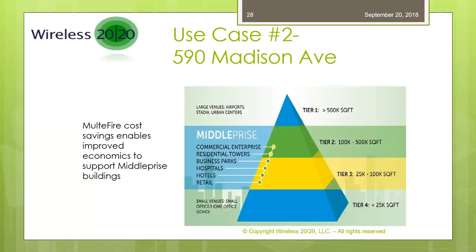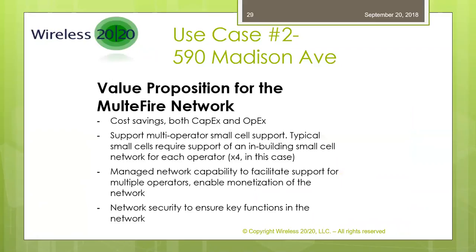The key is that when we look at tier 2 and tier 3 buildings, kind of smaller and medium-sized buildings, it's difficult for the economics of deploying a typical in-building solution to really come into alignment. And so with a MulteFire shared network, the economics come in, and perhaps in a medium-sized and a smaller-sized building, now we can be fairly effective at deploying an in-building network. So, a very important advantage that we could bring here.